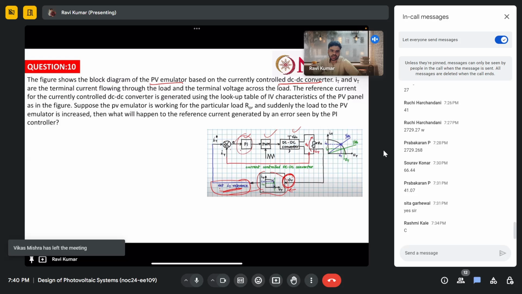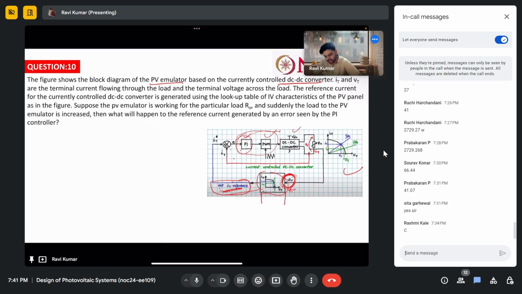So this way we can generate all the values of the IV characteristic of a PV module. We already have a table in which we have V and I values. So corresponding to any V, we will have one I. This control circuit will match the I and according to it will give the output.